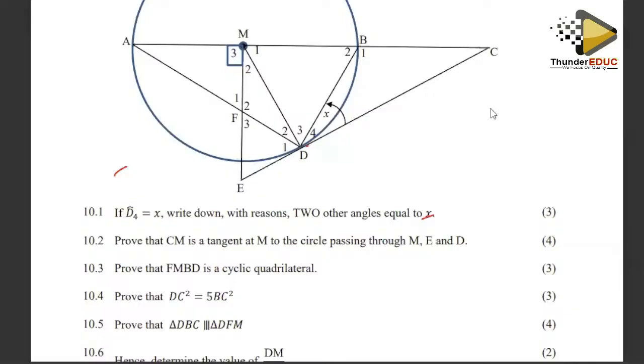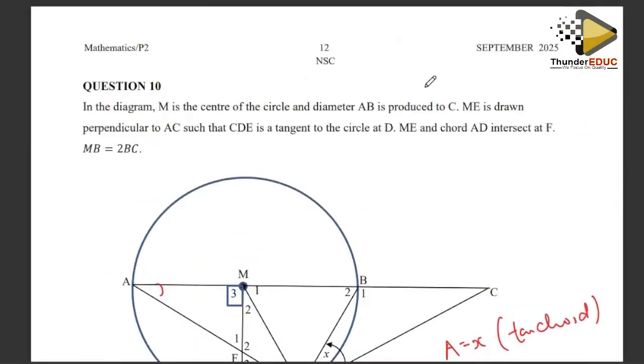Okay, so this is a tangent, so meaning that the angle A is going to be X. Okay, so A is X, we're going to say it's a tan chord. Which other information were we given?